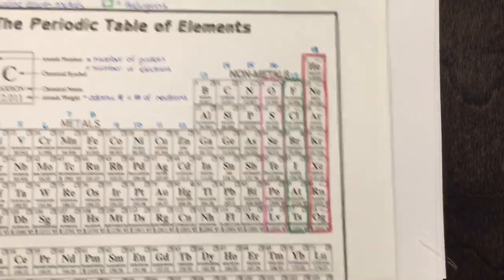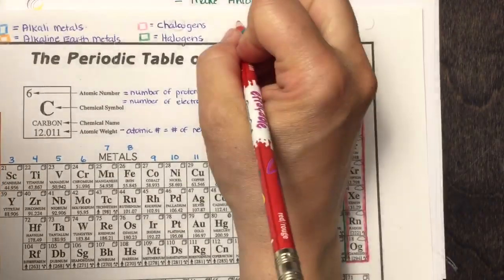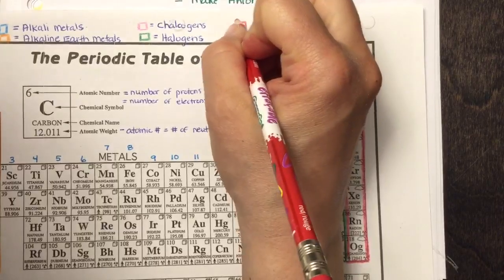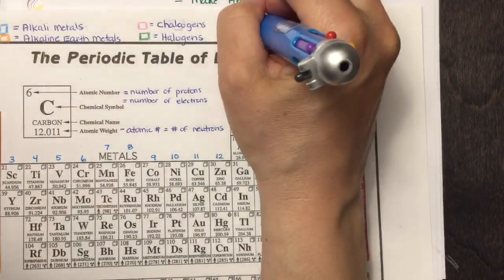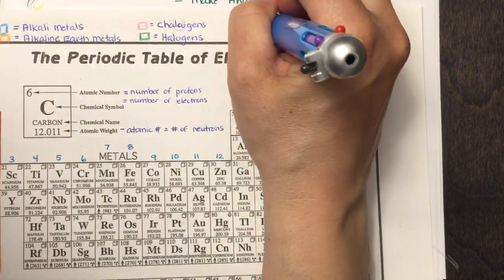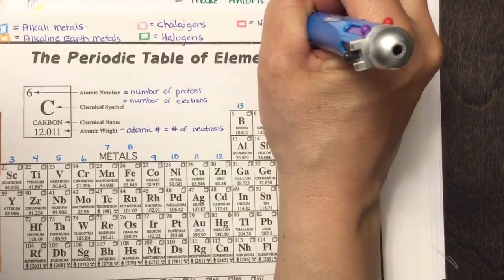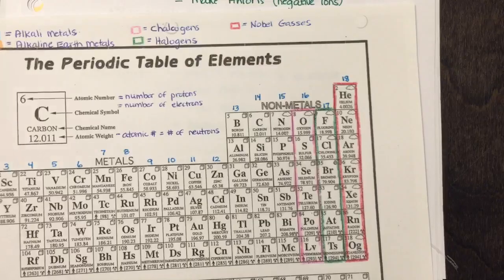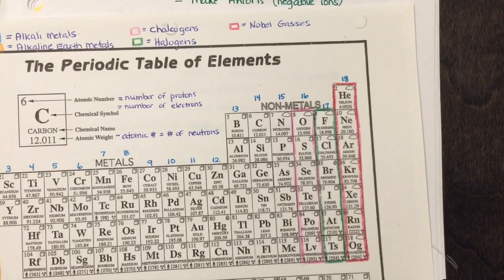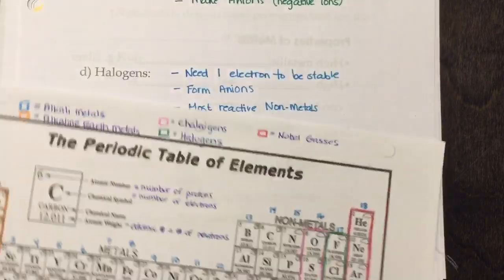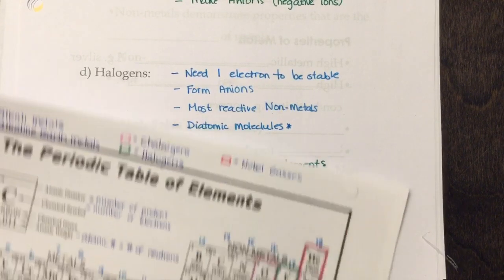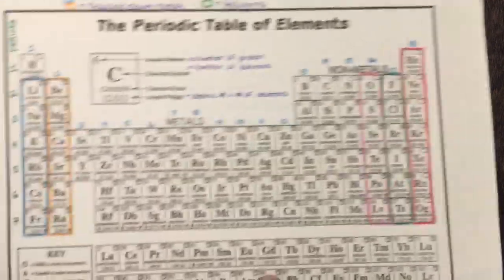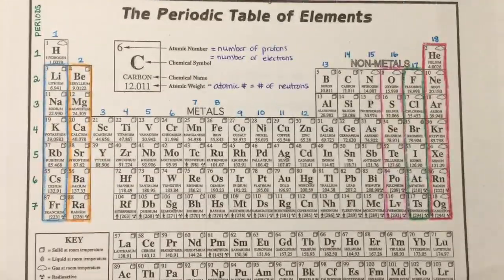But this is our last family here, so I'm going to add this here. Oh no, sorry, this is our noble gases. Awesome. Okay, great job. And those are the different families that we need to know about. And we will elaborate and keep on talking about this as we go. Awesome. Thanks.